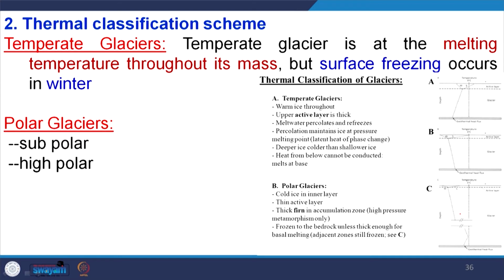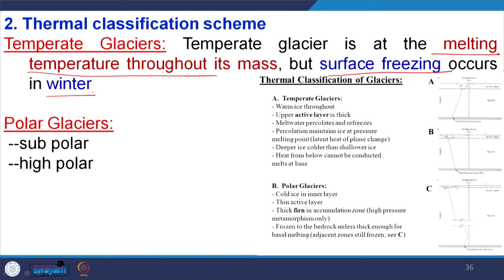So, it is always melting, always providing water, and perennial rivers are there. Except in winter, all through the year this glacier is in the melting form. So, that is called temperate glacier.